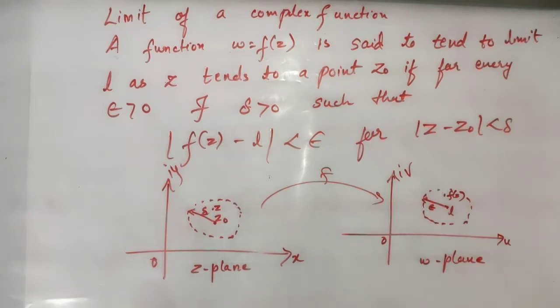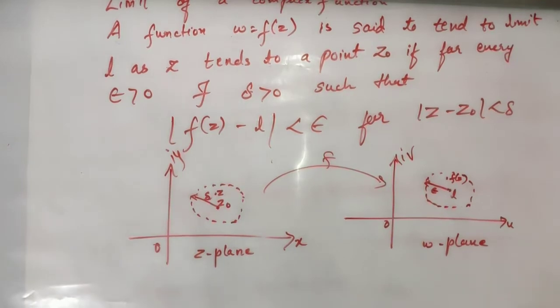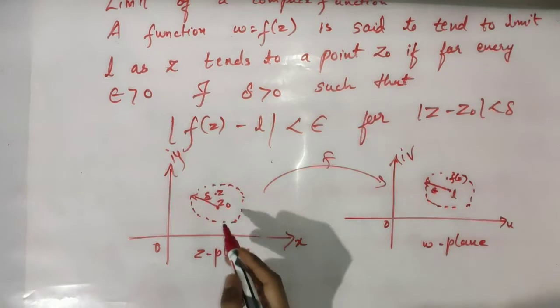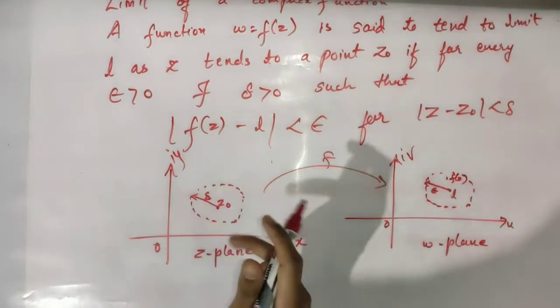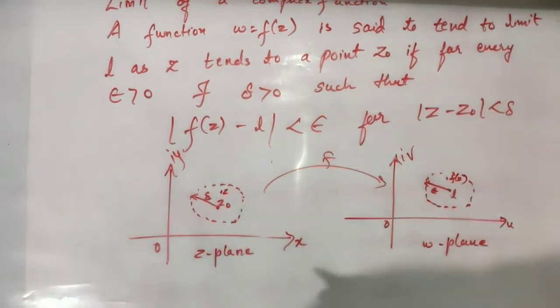So graphically it will be something like this. There is a point z naught here on the z plane I have shown you, and there is a point z over here somewhere. You just consider a small circle of radius delta. Any z is sitting inside that circle, not outside.